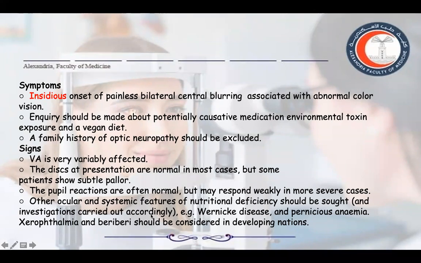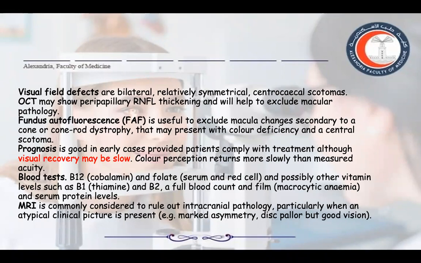Other ocular and systemic features of nutritional deficiencies should be sought, of course. Wernicke's disease, pernicious anemia, xerophthalmia, purpura should be considered in the developing nations. We are trying to look for the cause of this nutritional deficiency. Visual field defects are bilateral, relatively symmetrical for sure, centrocecal scotomas.